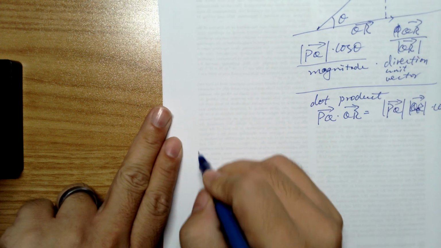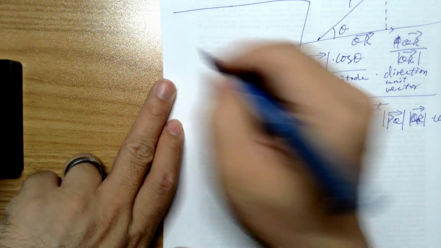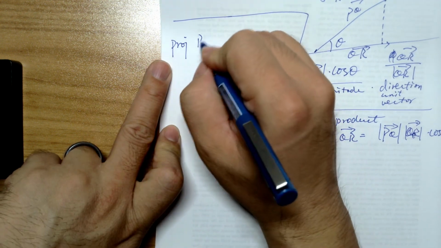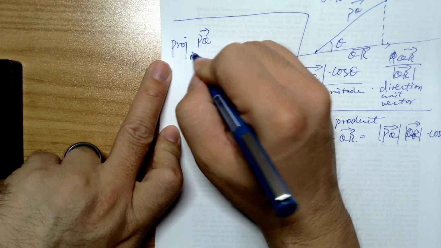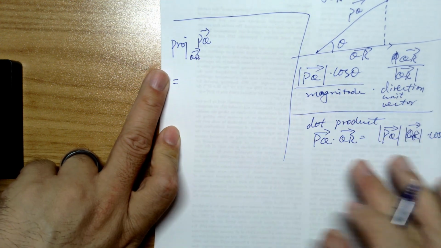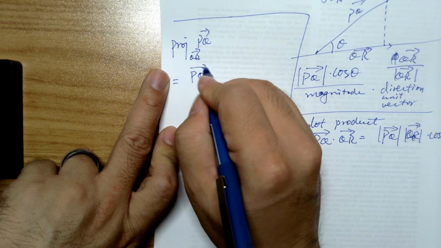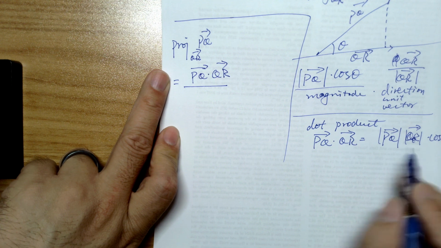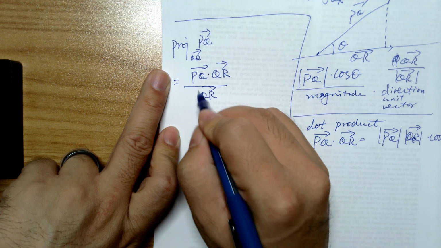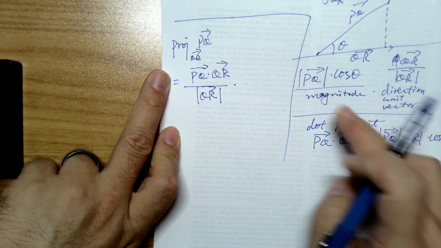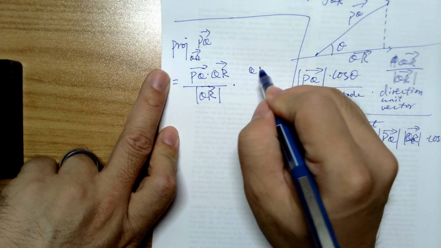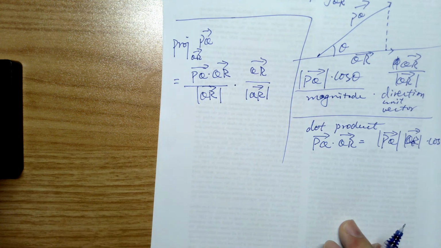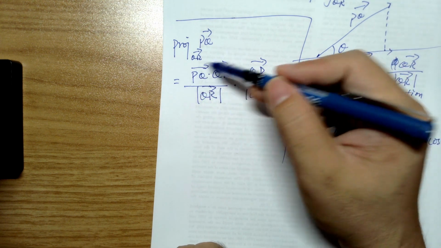So put it all together, guys. The projection of PQ onto QR is going to be PQ dot QR over the magnitude of QR, and then times QR over the magnitude of QR.